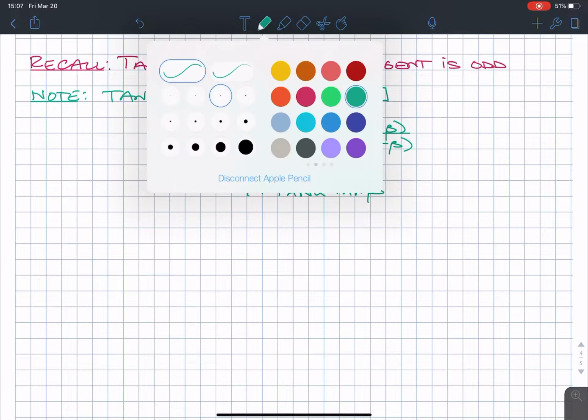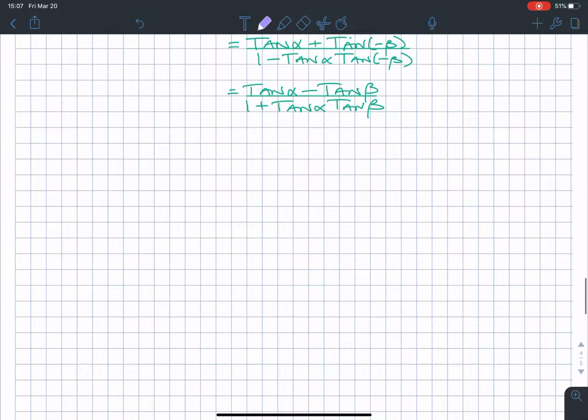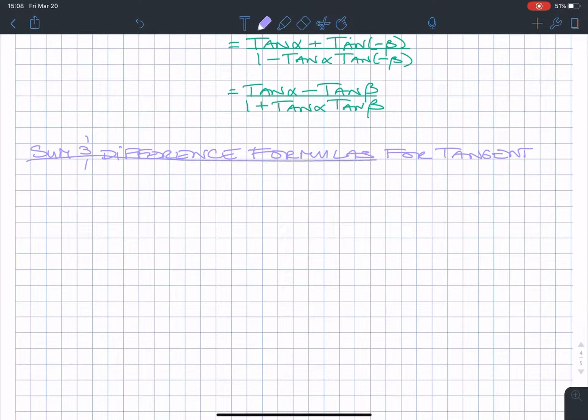Okay, so let's formally do these. So, sum and difference formulas for tangent. So the first formula is tangent of a sum, alpha plus beta.